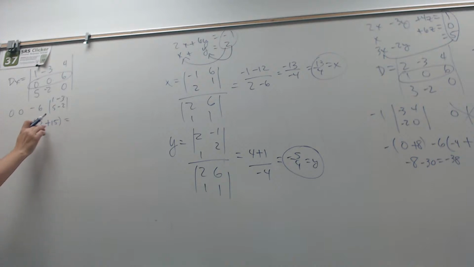So that's going to be 13 times -6, which is 78, minus 78. So x is going to equal -78 divided by -38, which is whatever it is.